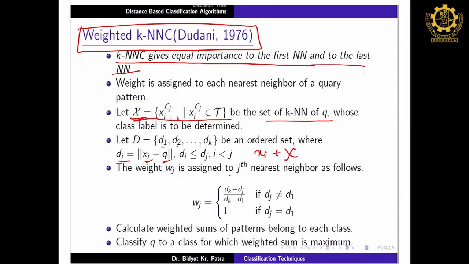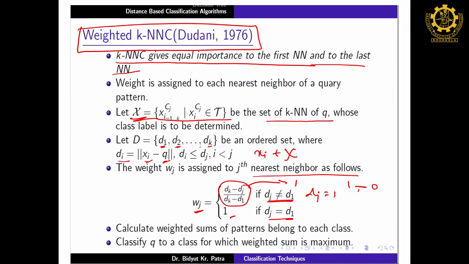Now, weight W j is assigned to the jth nearest neighbor. If it is not the first point, it is d k minus d j by d k minus d 1, and if it is the first point, this should be 1. If d j equals d 1, this also gives the value 1. In between, the value will be between 1 and 0.